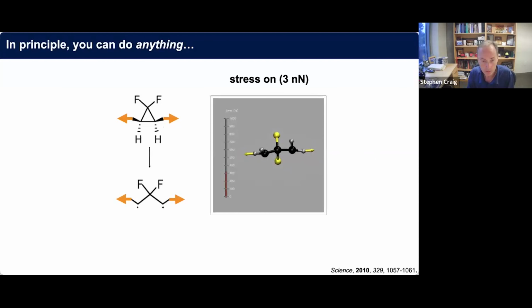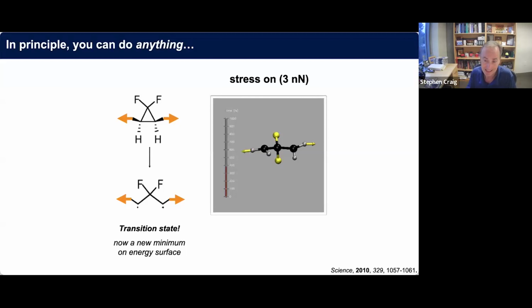And the cool thing about this is that the diradical that's now stable under force is actually the transition state of a very high activation energy chemical reaction, in this case, the inversion of stereochemistry around that ring. But here it becomes a new global minimum on the force-coupled potential energy surface.